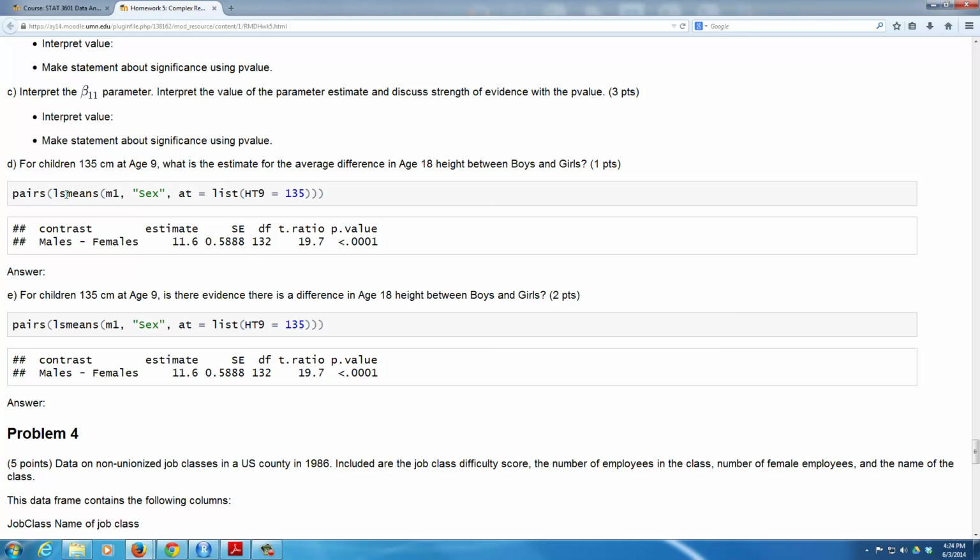And you can do that with the ls-means command for your model, and we want to compare the sexes at a height 9 of 135. Here is the difference in height between males and females. This will be in inches, and this will control the significance of that comparison.